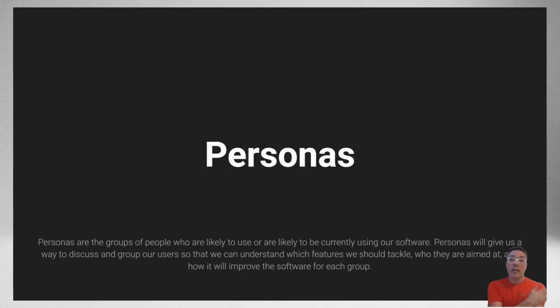So personas. I like to think of personas as an easy and ideally non-contentious way of being able to discuss segments of users. Now, it's important to mention that most people, as in real humans and most users, don't necessarily just neatly fit into one persona bracket.